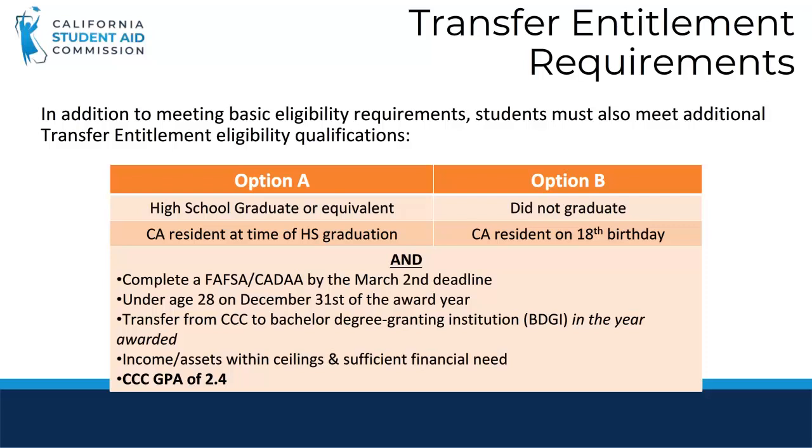They must also have a completed FAFSA or DREAM Act application filed by the March 2nd deadline, be under the age of 28 on December 31st of the award year, transfer from a California community college to the BDGI in the year awarded, have income and assets within the ceilings and sufficient financial need, and have a California community college GPA of 2.4 or higher.